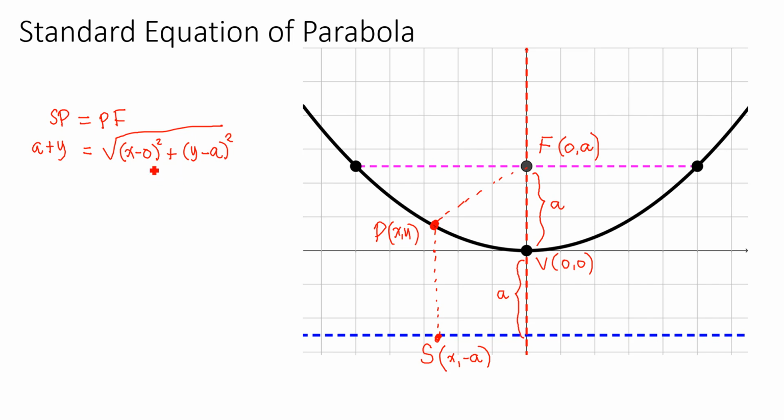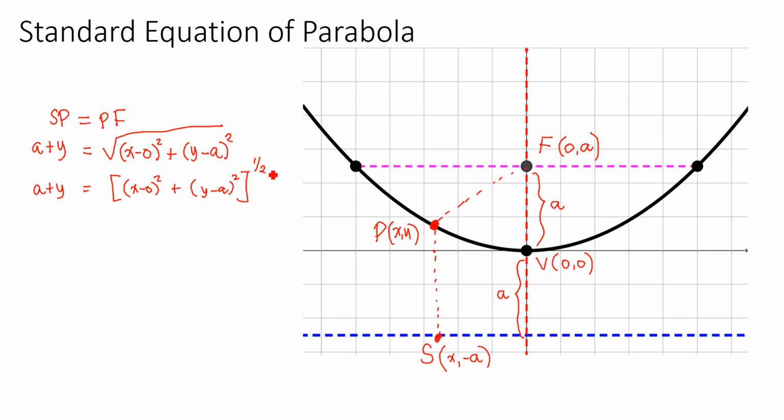So if we rewrite this into exponential form, we have a plus y is equal to the quantity of x minus 0 squared plus the quantity of y minus a squared, and then raised to 1/2.